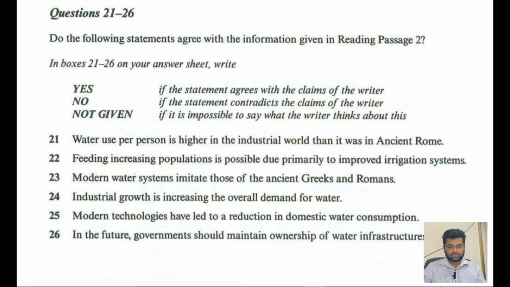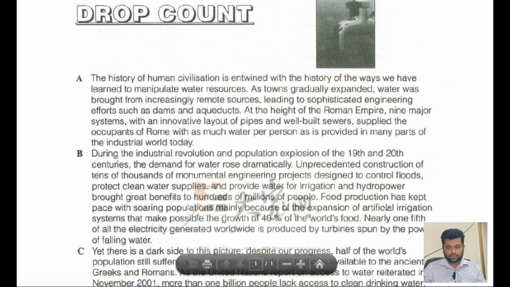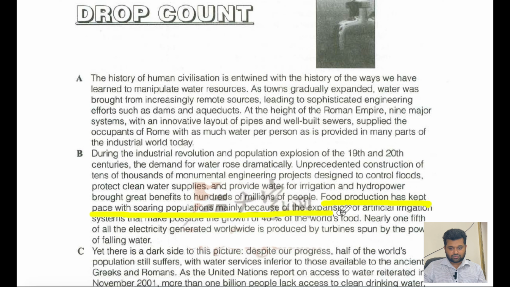Same information matching is here: artificial irrigation. This sentence you can monitor: food production has kept pace with the soaring population mainly because of the expansions of the artificial irrigation system that make possible the growth of 40% of the world's food.